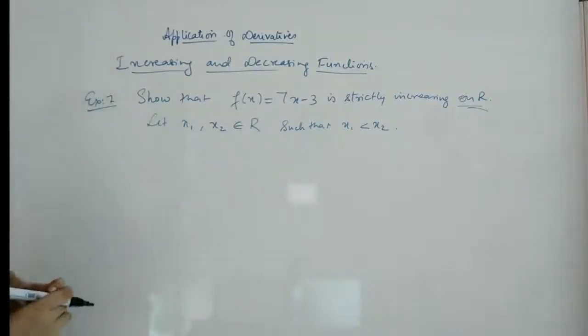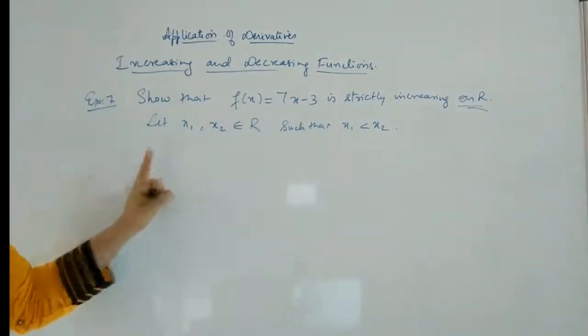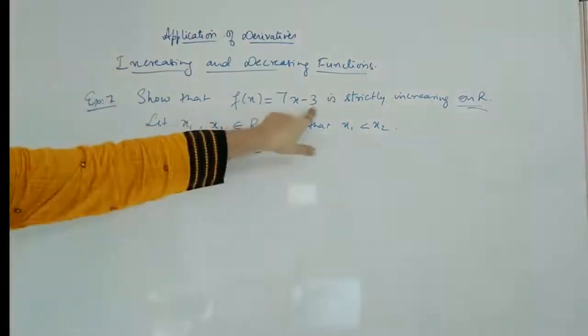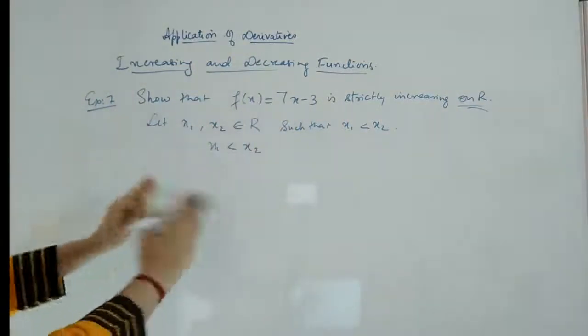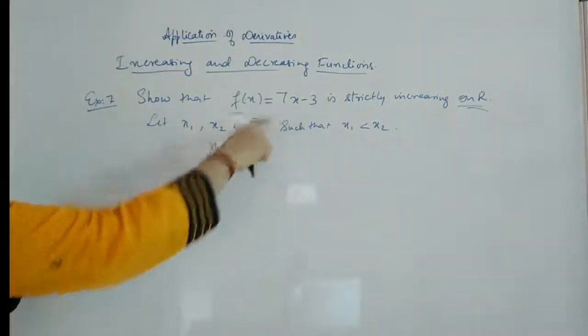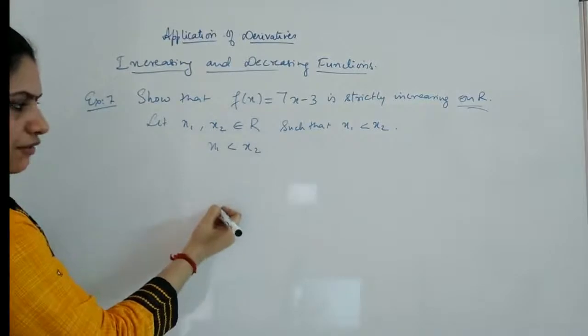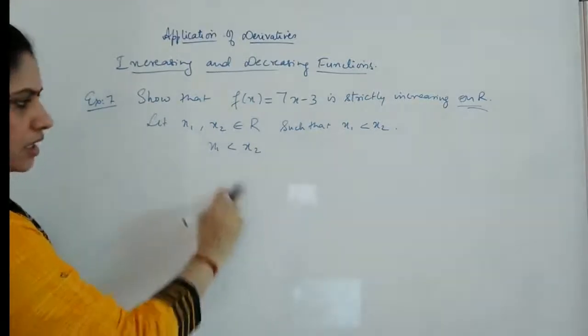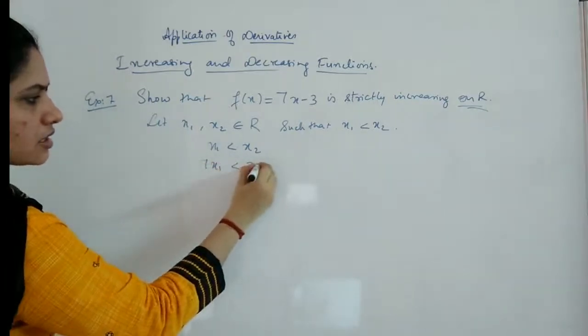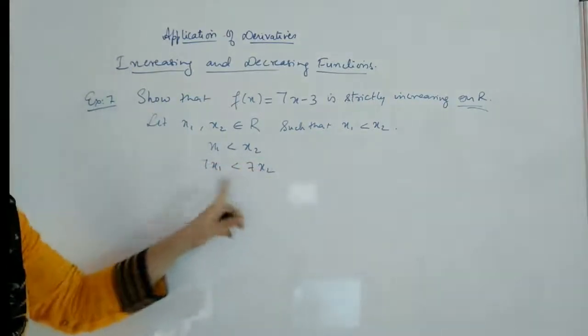Now I'll start with x1 less than x2, and I will reach this function. In the sense, on both sides of the inequality we are doing the same process in order to get this type of function. We have to actually reach the relation between f of x1 and f of x2. So first we are multiplying with 7, so that the inequality will not be disturbed.